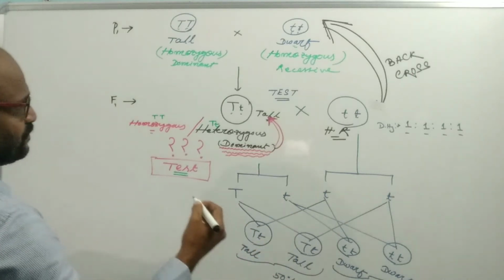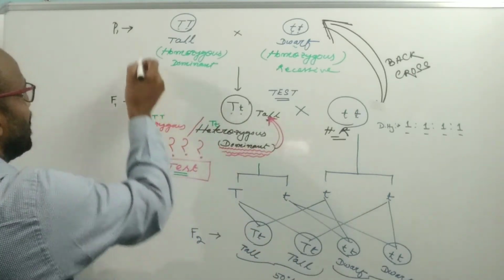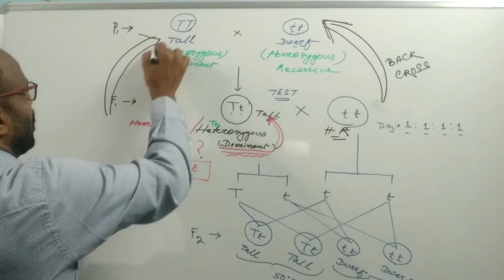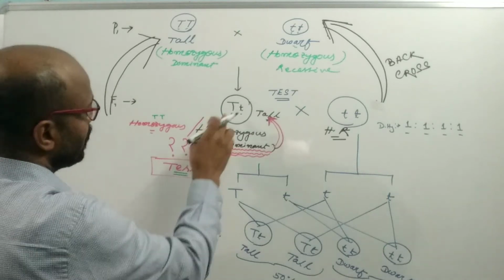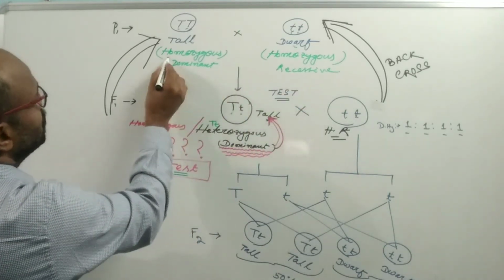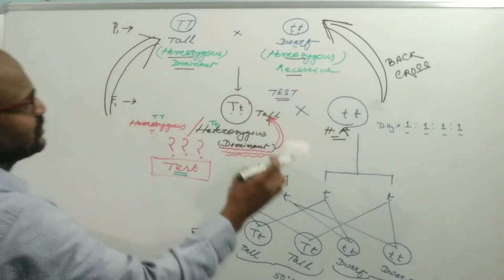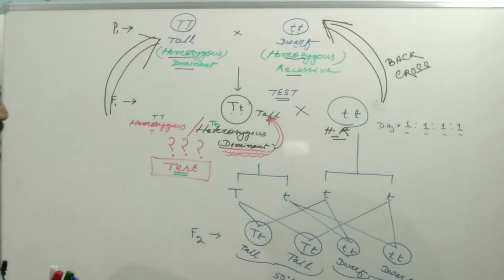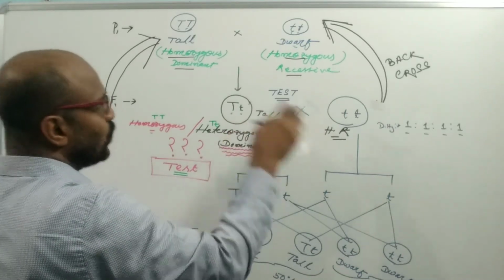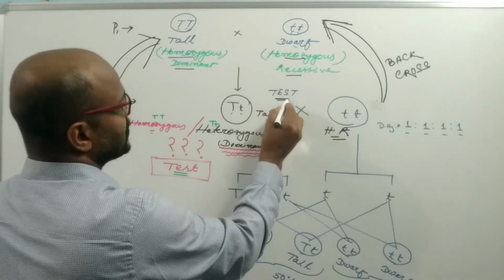Back cross means that if you cross the F1 offspring with any one parent, either homozygous dominant or homozygous recessive, then the cross is known as the back cross. If we cross the F1 offspring with only the homozygous recessive parent, then it is known as the test cross.